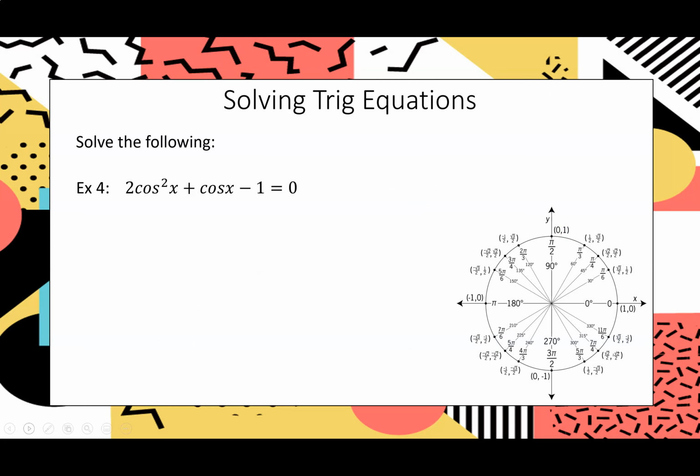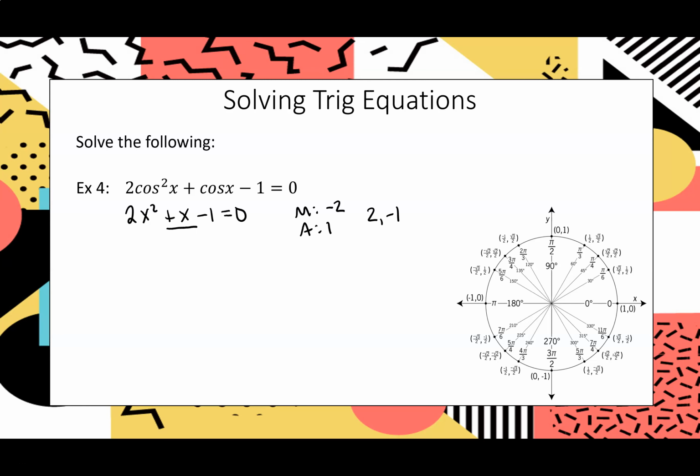Let's try example 4 here. So example 4, we have to factor. So this is going to be 2x squared plus x minus 1. We are trying to multiply to negative 2 and trying to add to 1. Those values are 2 and negative 1.